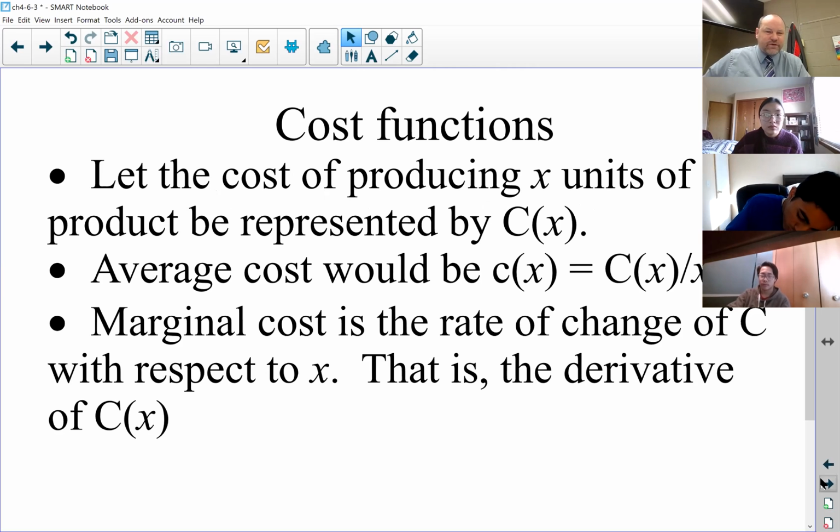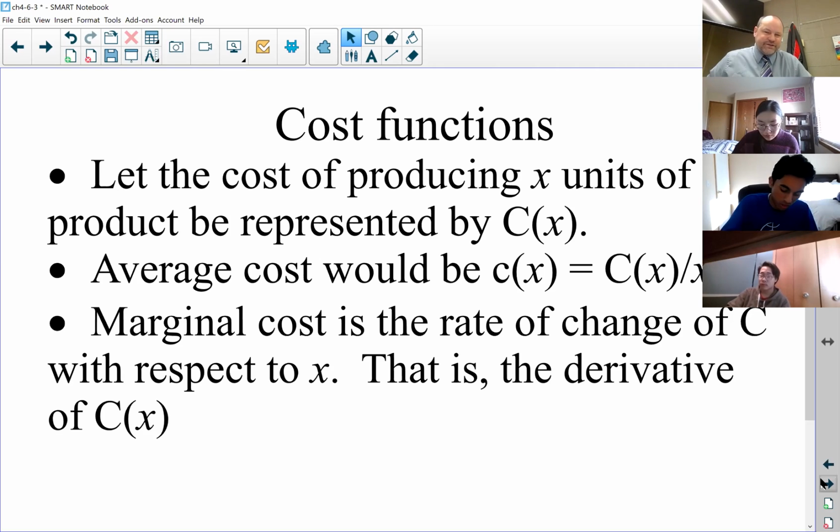One would be a cost function. So we're going to use capital C for cost and little c for average cost, which when you're typing, it's pretty easy to tell. When you're writing, it might be a little more difficult.